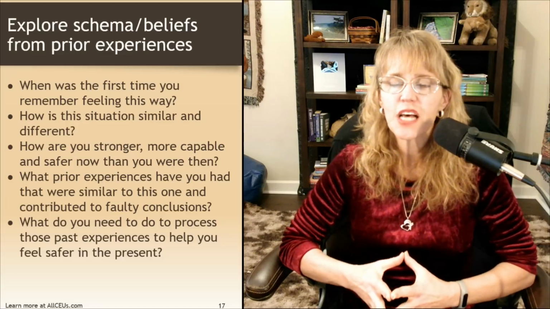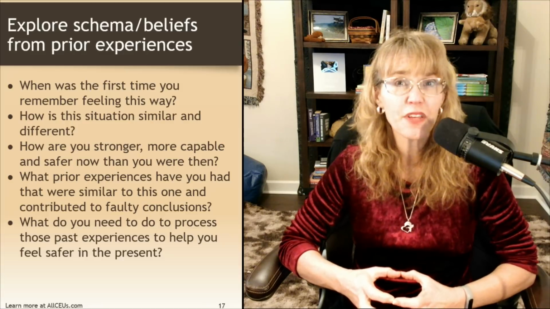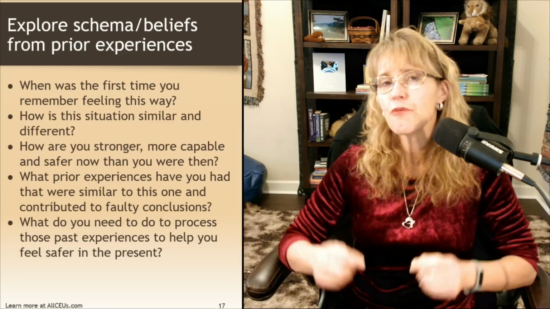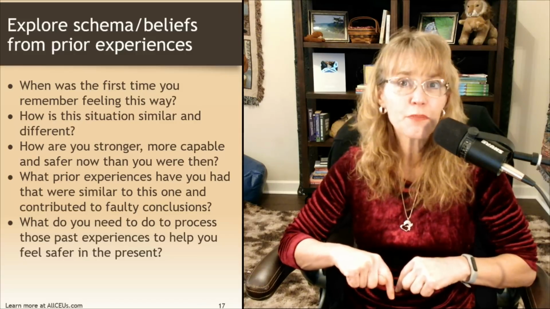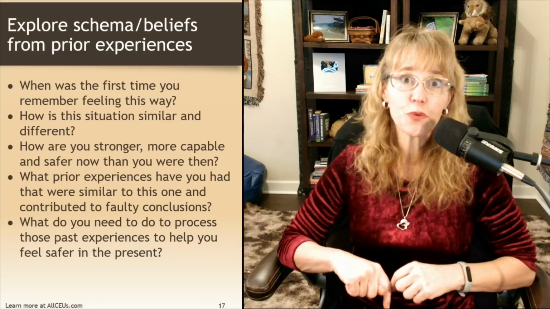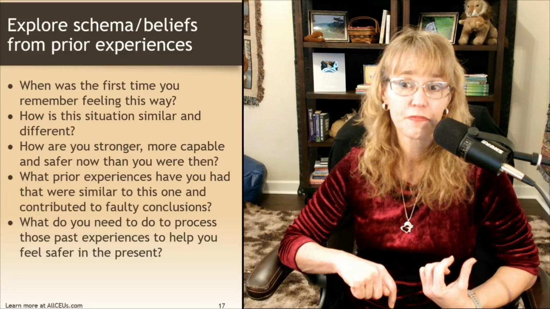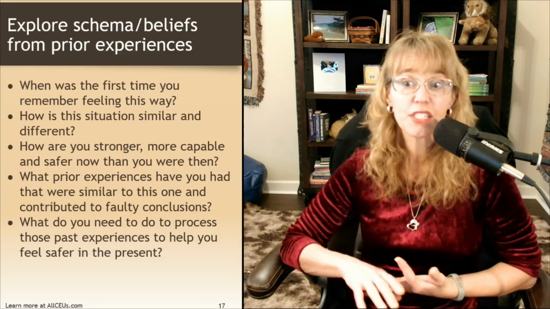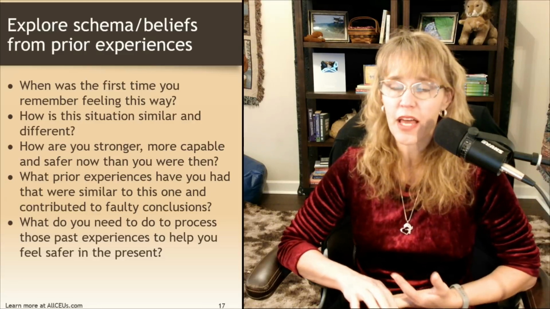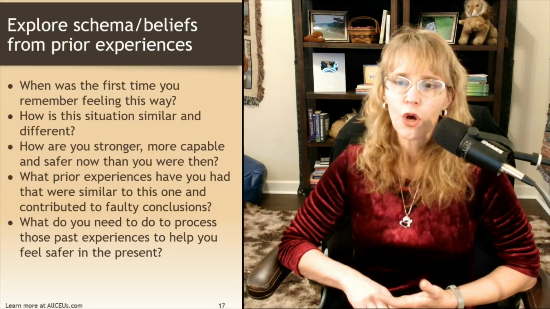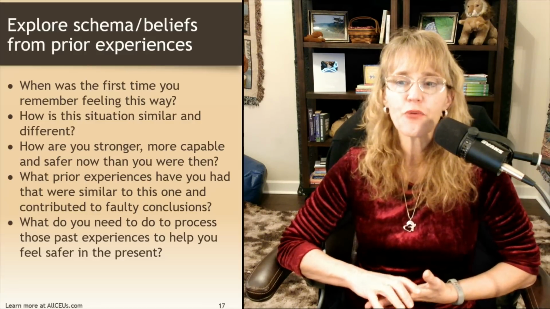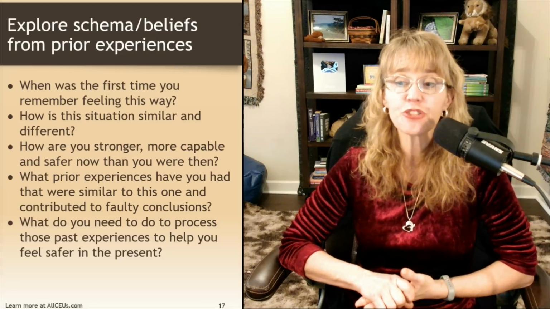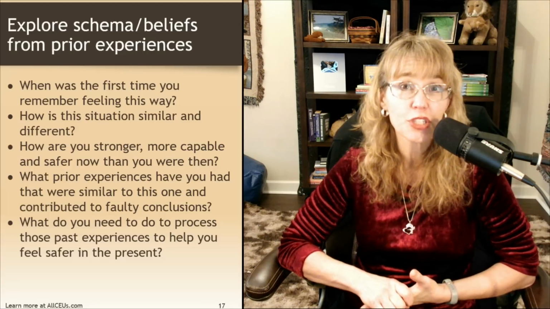So asking yourself, when was the first time you remember feeling this way? How is this situation similar and different to that situation? How are you stronger, more capable, and or safer now than you were then? What prior experiences have you had that were similar to this one and contributed to your faulty conclusions?